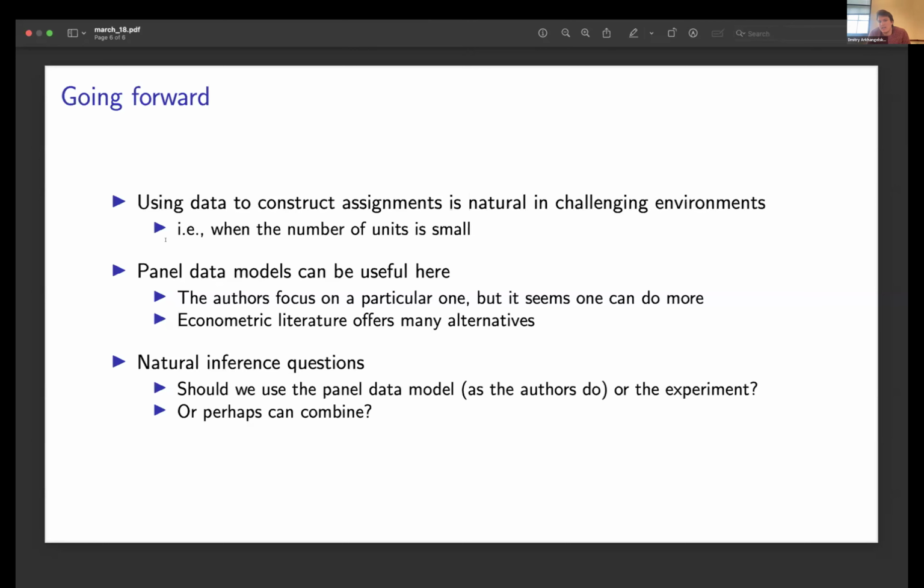For example, if I did my simulation and I saw that the propensity scores that I tend to get are very extreme, so most of the units are always in the treated group, or most of the units are in the control group, with probability 0 and 1, then clearly I cannot do randomization inference, and so I have to use model-based inference. But if I see that there is something more optimistic there, then maybe I can start using randomization inference. So to me, that's a question: can we combine these two things?